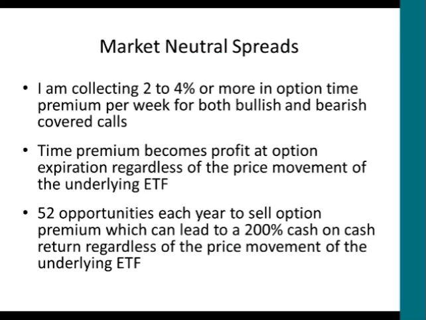So that's the main reason this strategy does so well: you're selling time premium, and you profit from that at option expiration regardless of the price movement of the underlying ETF.